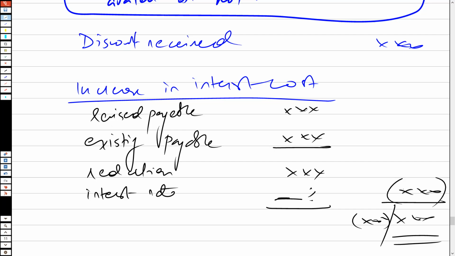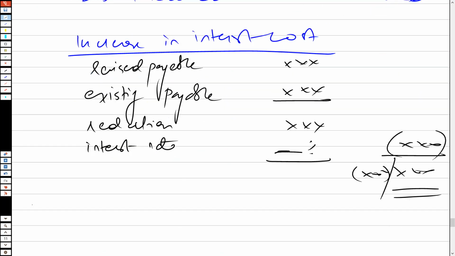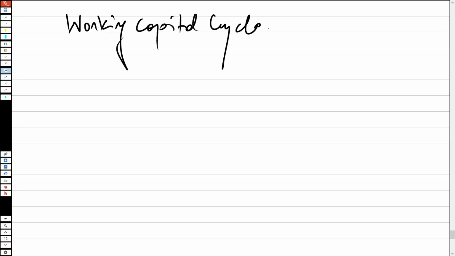Now I would go about discussing few more things with respect to the working capital management. And since I've discussed the payable payment period now, I need to discuss few more important things with respect to working capital management. One of them is called the concept of working capital cycle.